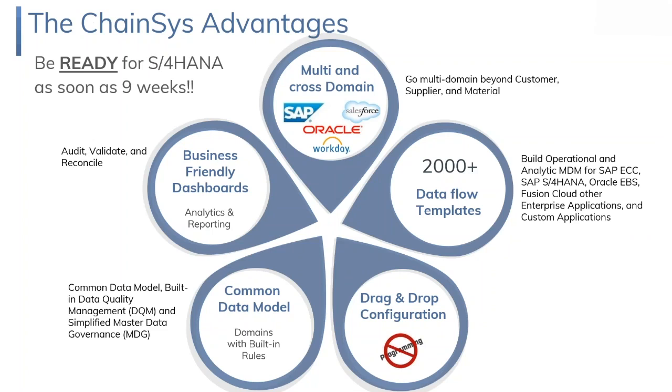Now, one of the things, and this is specific to the advantage of ChainSys, is that prior to getting to data readiness, you of course have to go in, cleanse the data, and make sure it's ready to be loaded. But one of the big advantages in the migration strategy is multi-domain. So we are, so to say, actually ERP agnostic.